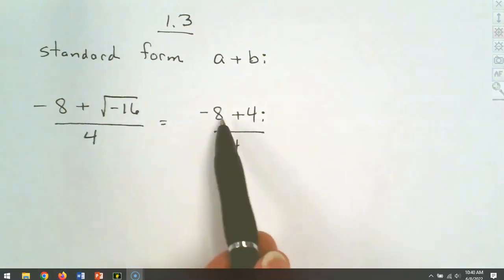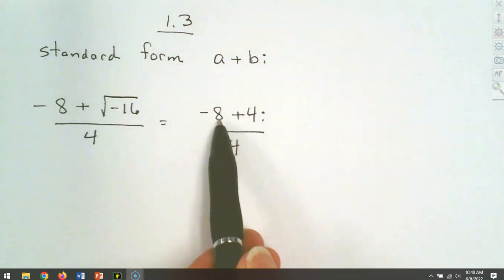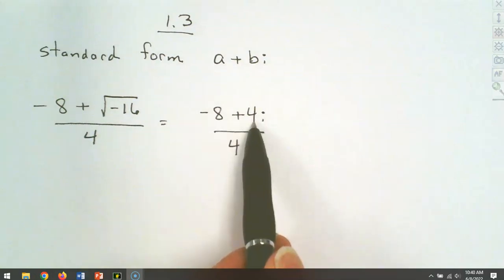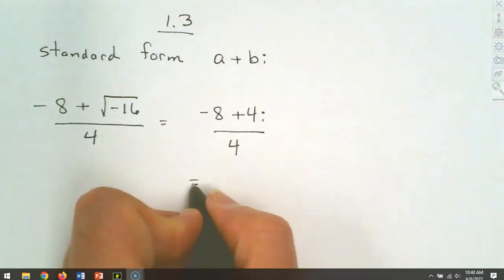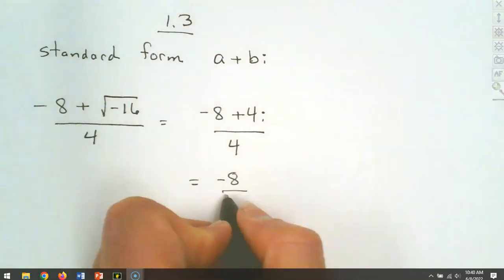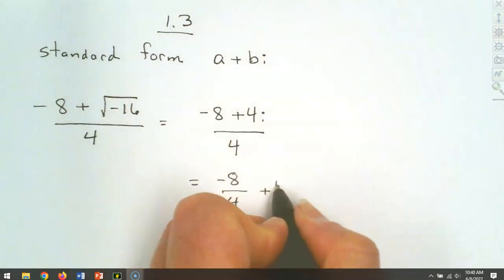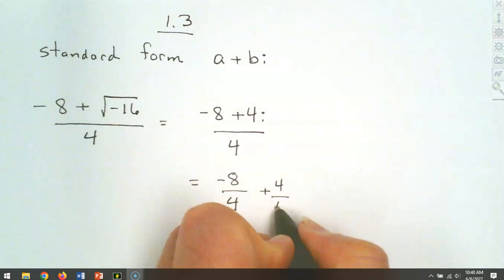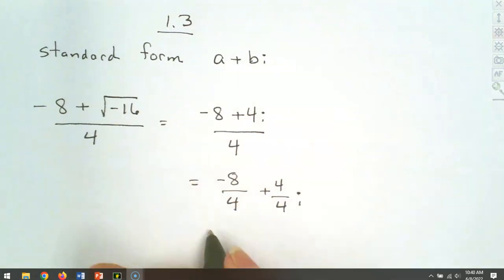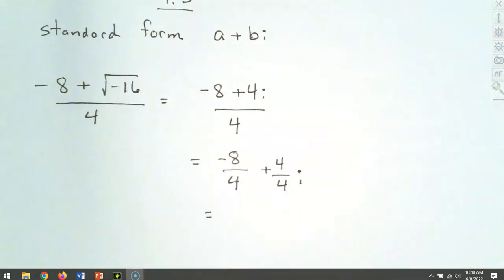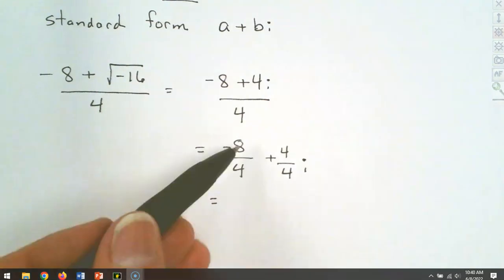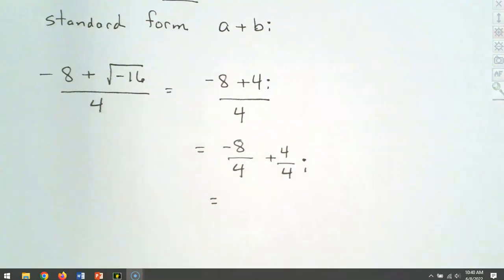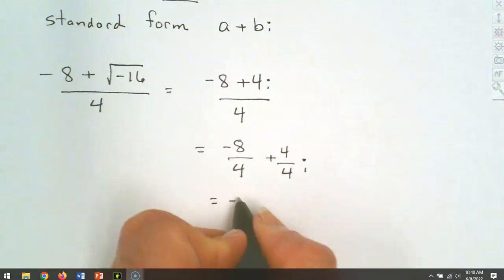Now, the 8 and the 4, they can't go together because, remember, this is real and this is imaginary. What we then have to do is break up each part into its own individual fraction, and then we reduce. So what's it going to reduce down to? Negative 8 over 4 is a negative 2.